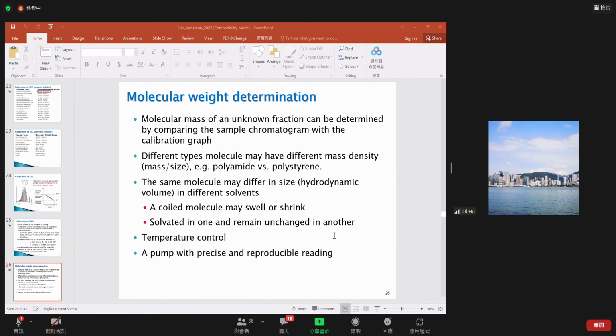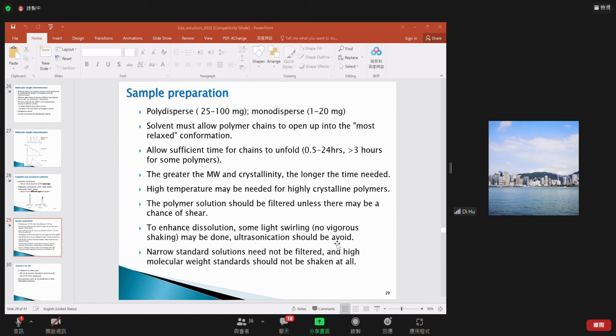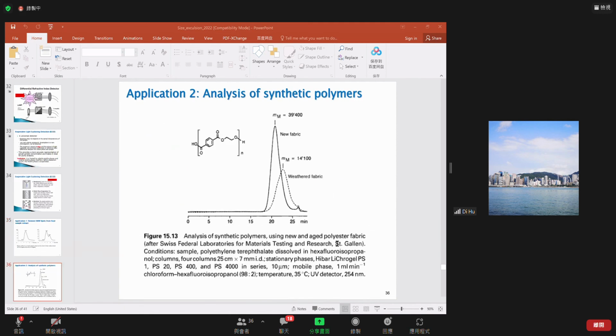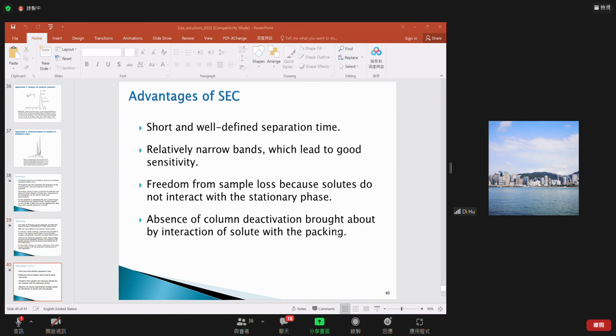What is the criteria of doing so? Are we really measuring the molecular weight or molecular size? How does that relate to molecular weight, right? And a little bit of detail about sample preparation and also the detector. That's it, basically. This is a summary, something you just read through.